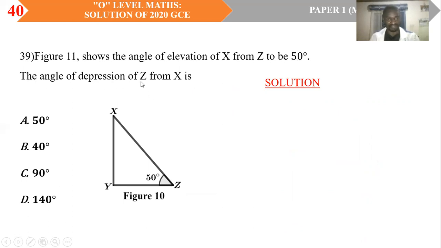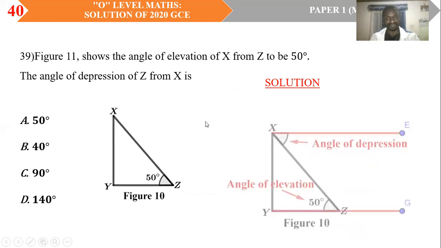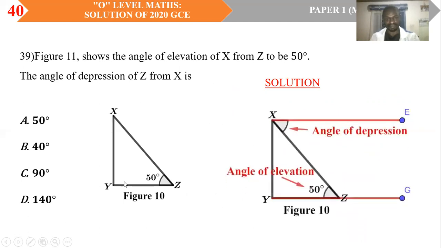Question 39. Figure 11 shows the angle of elevation of x from Z to be 50 degrees. The angle of depression of Z from x is... Now analyzing this, the angle of elevation is 50.